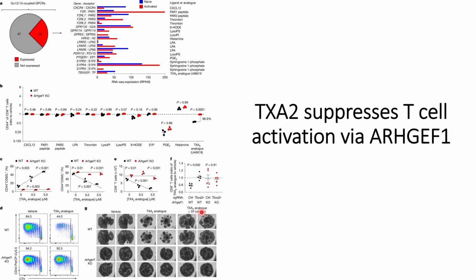When they used TP inhibitors to block the signaling pathway, there was some recovery in the wild type compared to the TXA2 analog, but no change in the ARHGEF1 knockout. This further substantiates their finding that the signaling pathway works through the receptor TBXA2R, via interaction with the ligand TXA2, and triggers signaling that interacts with ARHGEF1 to suppress T cell activation.